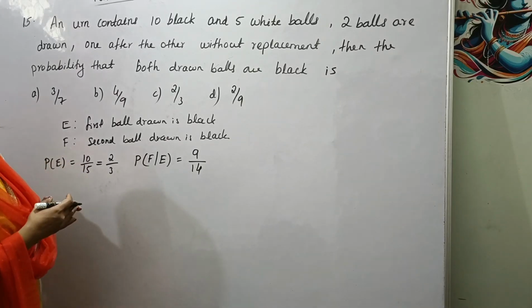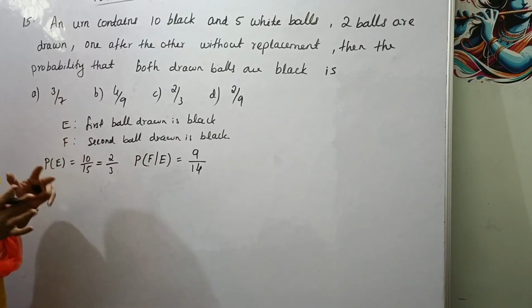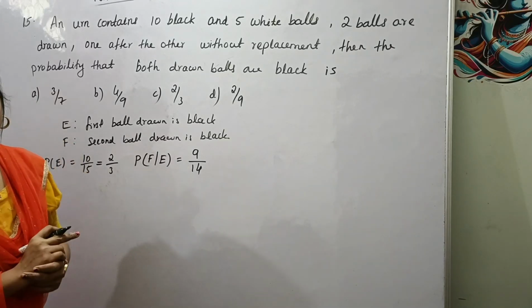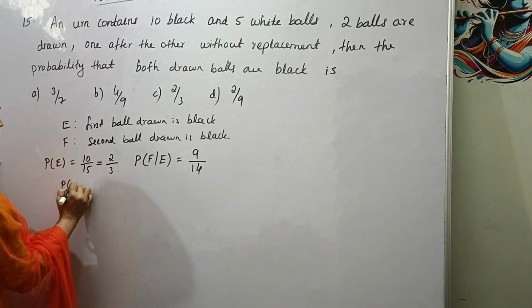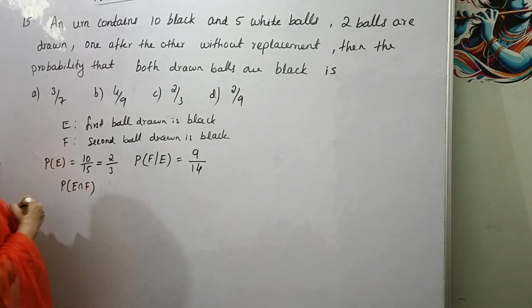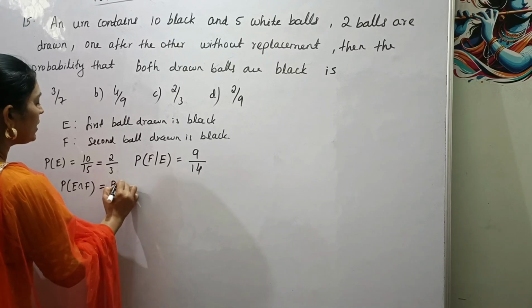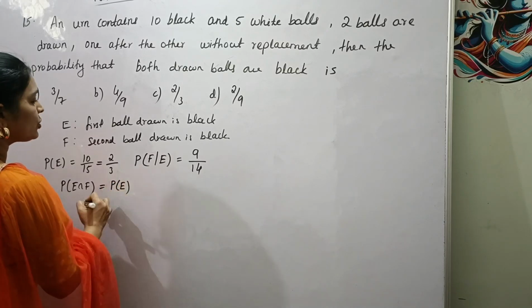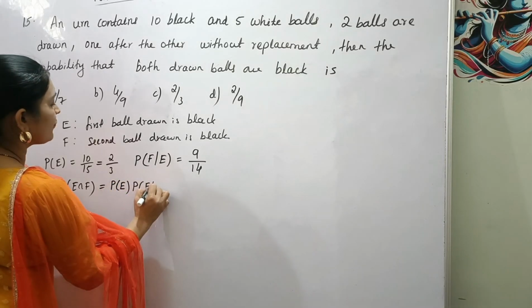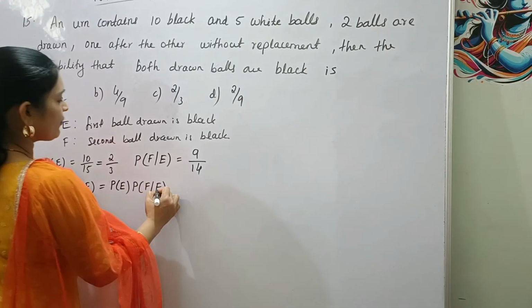Now what we have to find? We have to find the probability that both drawn balls are black. That is probability of E intersection F. That is equal to probability of E into probability of F given E. Because what is the formula?